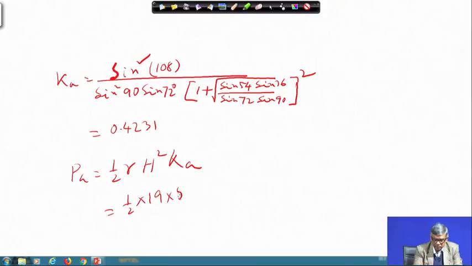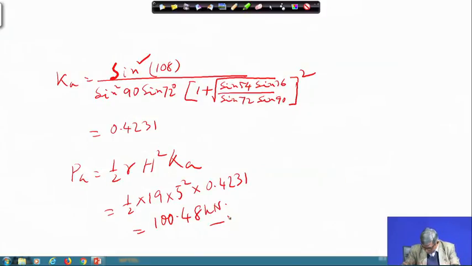So, you can say 5 square multiplied by K is 0.4231. So, this gives you a value 100.48 kilonewton.